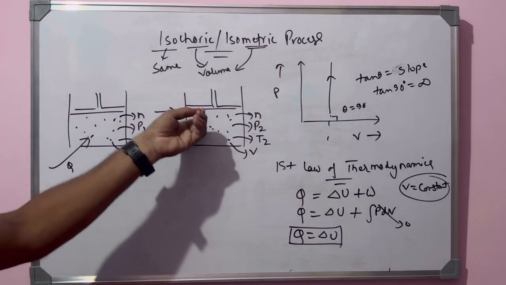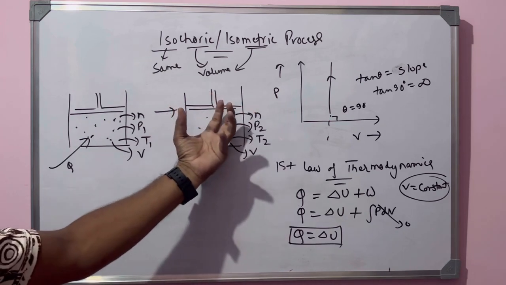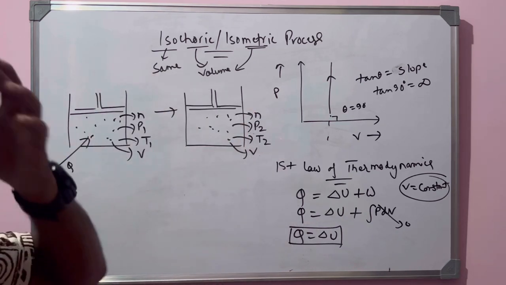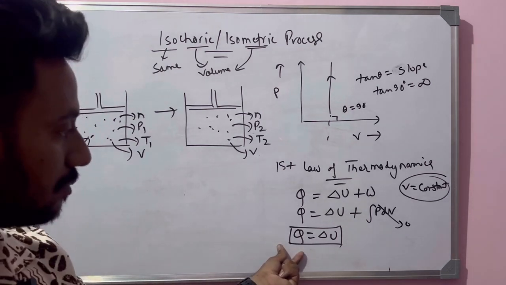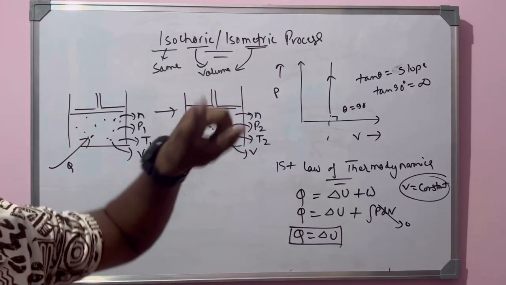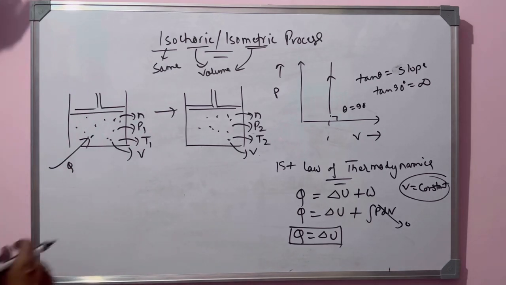There is no expansion of the gas or compression of the gas, so there is no work done at all. So this is about isochoric or isometric process. Whatever heat you are supplying to the system is only reflected in change in internal energy, right? Because there is no change in the volume, so no work done.